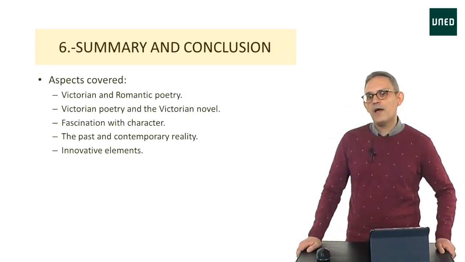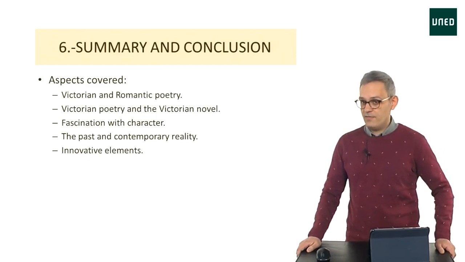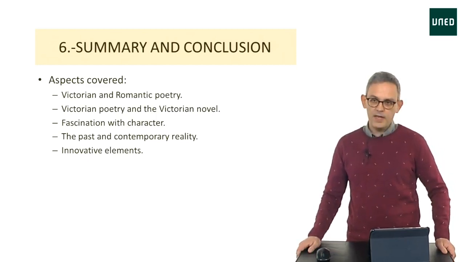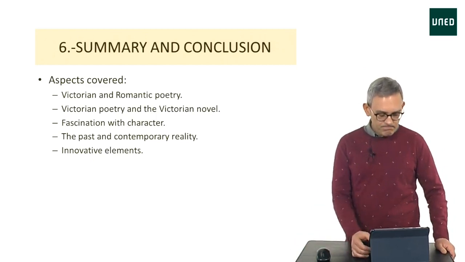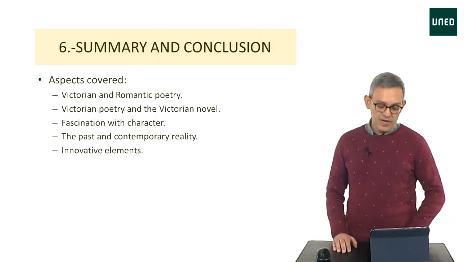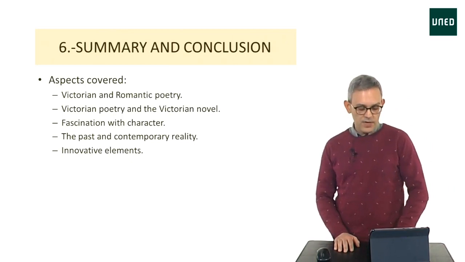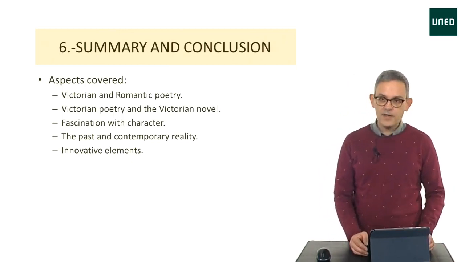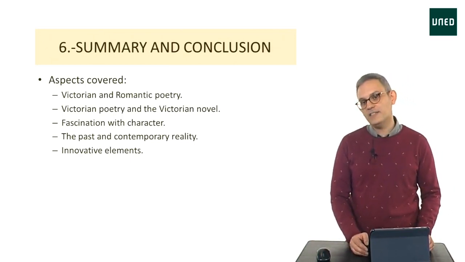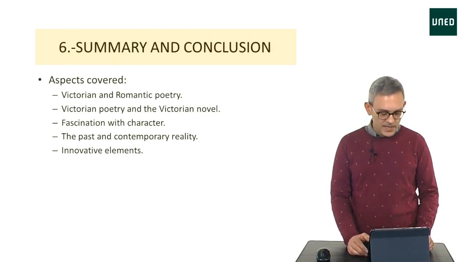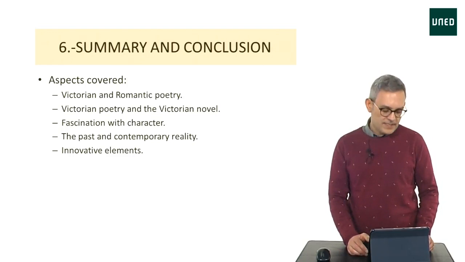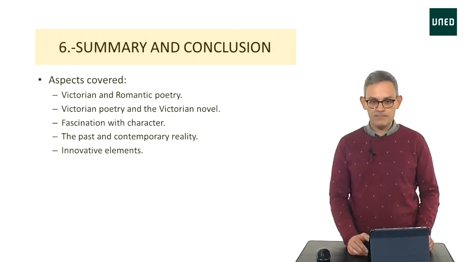We have also talked about the fascination with character, with psychology in Victorian poetry. We have briefly discussed how Victorian poetry recreates the past and also how it deals with contemporary reality and how sometimes it does both things simultaneously. And finally, we have gone through some of its innovative elements.